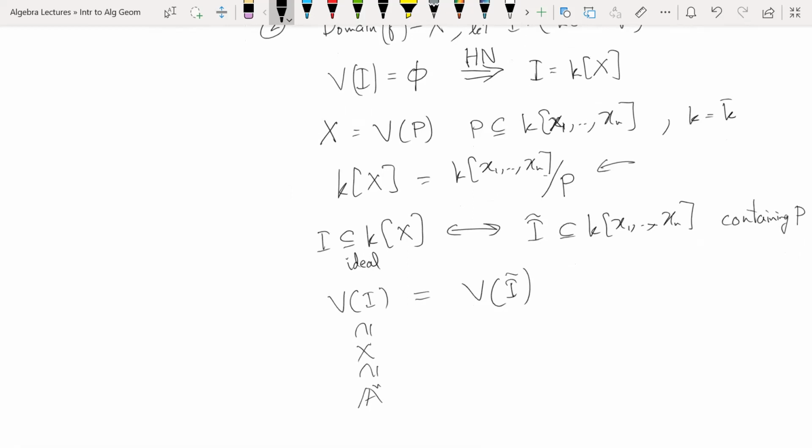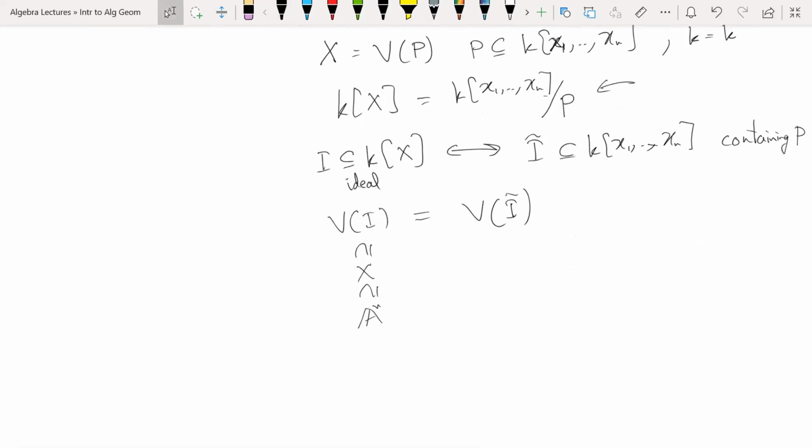For the polynomial ring we had seen that if V of I tilde is empty, this implies I tilde is k[x1, ..., xn].